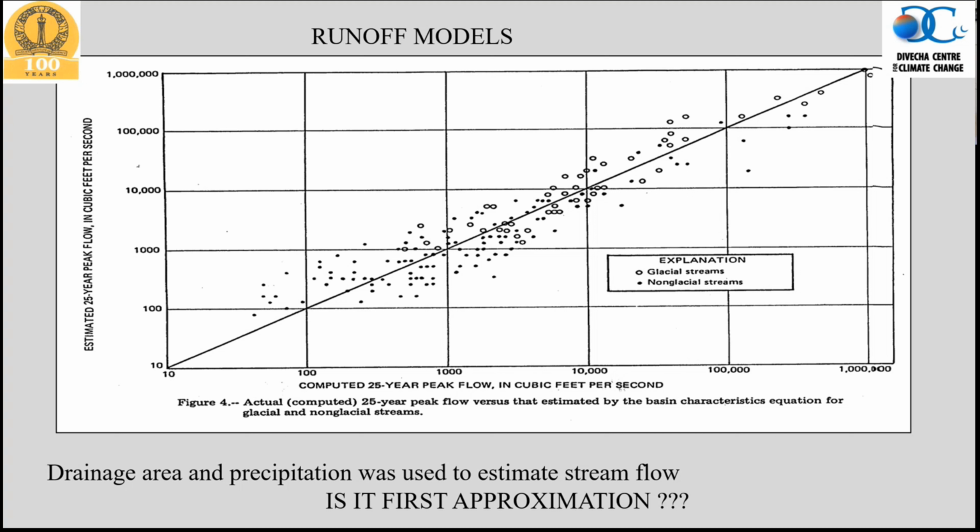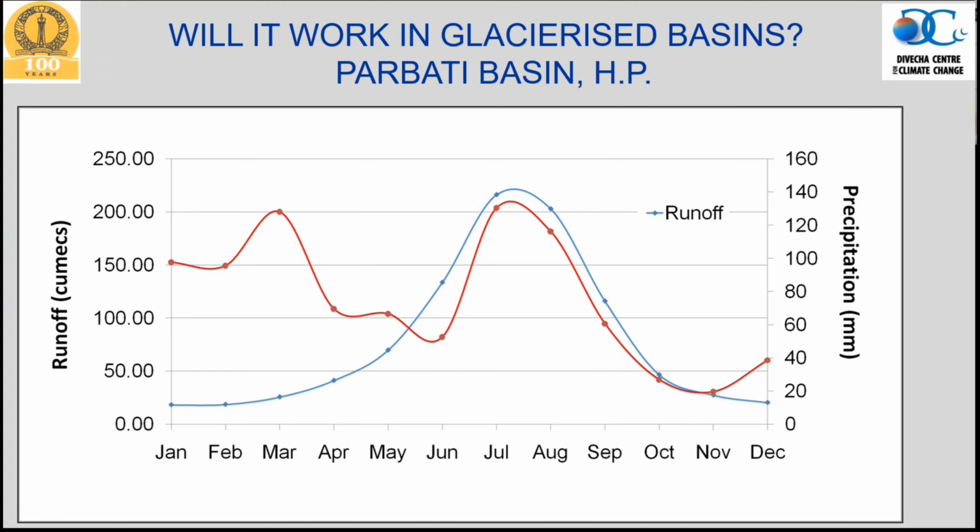That is indeed a first approximation, and in the early 50s and 60s people used this to estimate the stream run. However, the idea that when you have high precipitation you will at the same time have runoff may or may not work if you come into the cryosphere region.